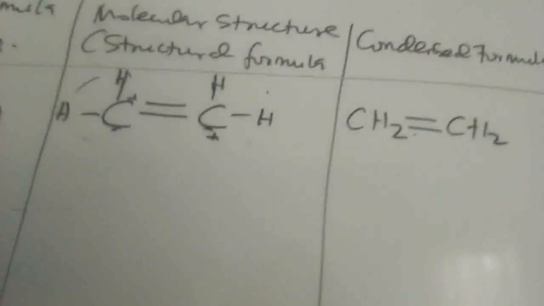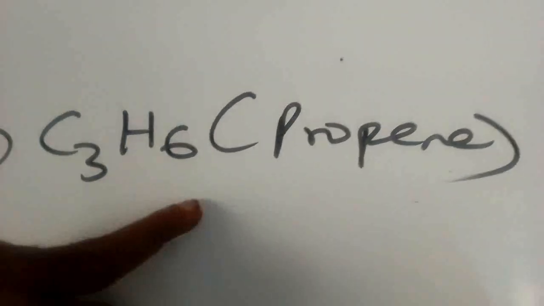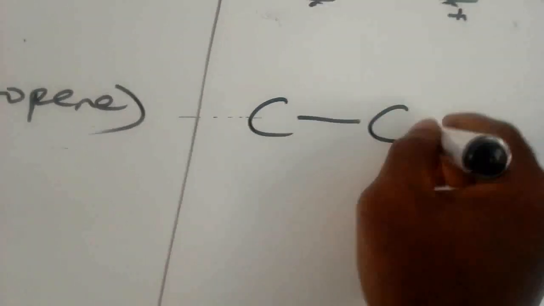The number 2 example, the second member of the family, is propene. Then we'll draw the structural formula of propene first. We put the three carbon atoms on a straight line. After we have done that, since we are dealing with a compound that must contain a double bond, we put the double bond either here or there. Choose any point of your own convenience.